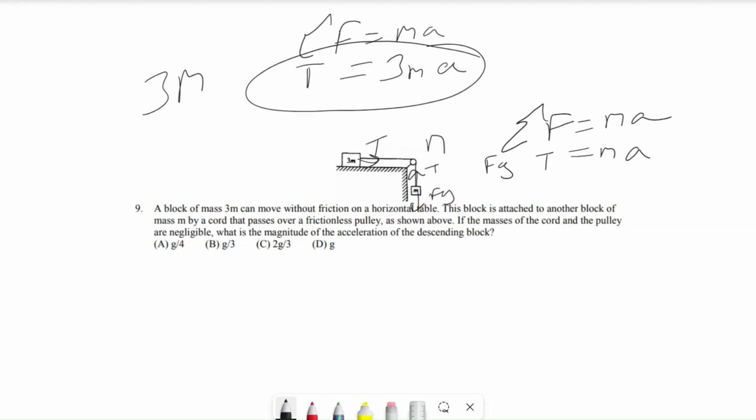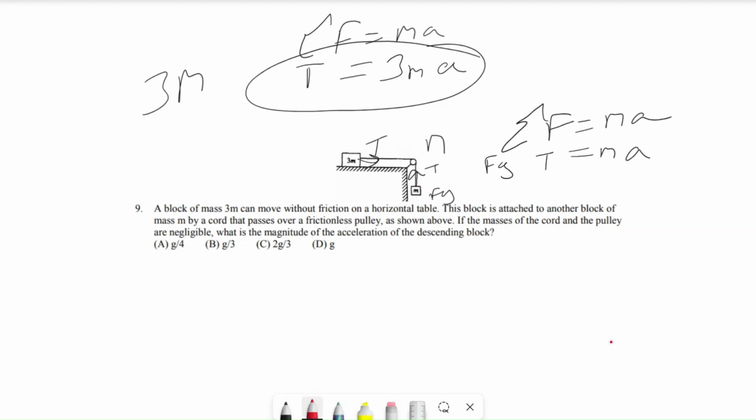Now, most people would like to just go ahead and say force gravity is negative because it's pulling downwards, but we have to look closely at this problem. Here we know that the block is descending. It's the descending block, meaning that the force gravity is actually going to be positive in this situation. The reason being, the descending block means that it's going to be traveling downwards.